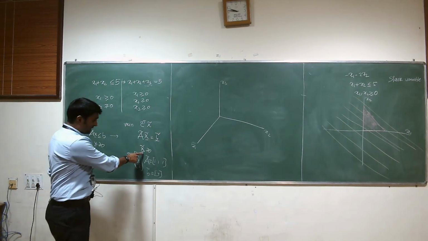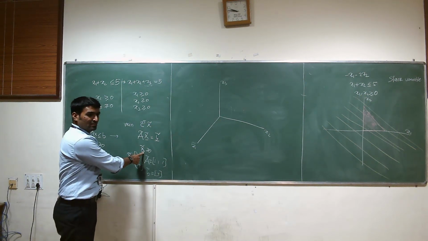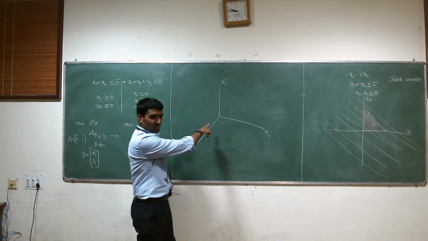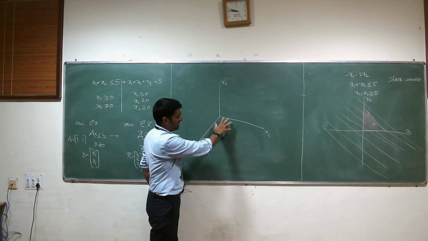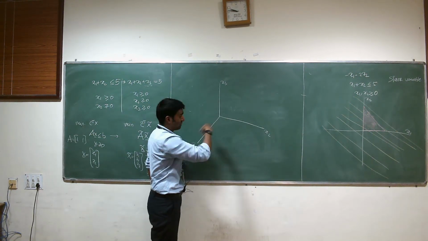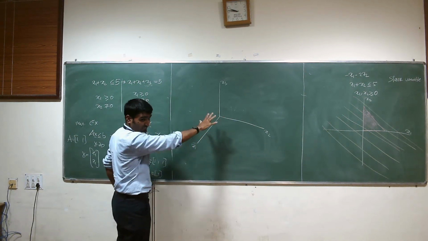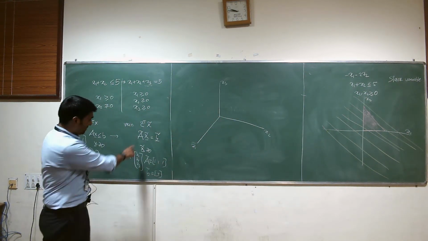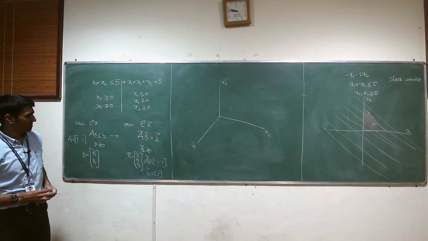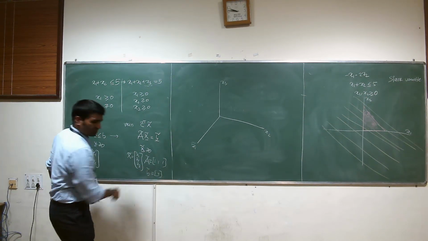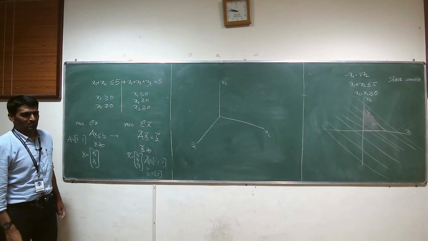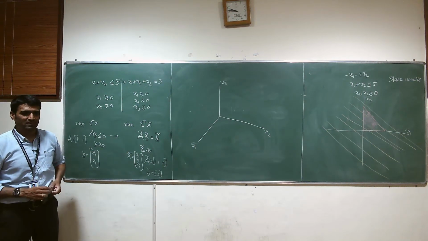Well, what does this constraint tell me? Well, there are 8 octants, and if these are the positive directions for x1, x2, x3, this constraint tells me that we are constrained to this octant. Okay, what about this? What will it look like here?